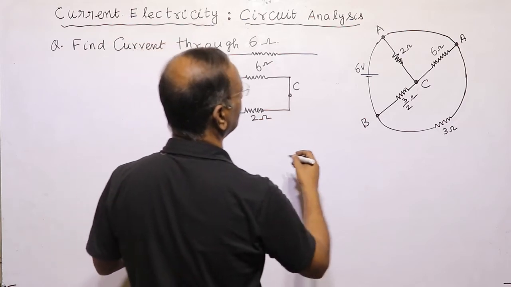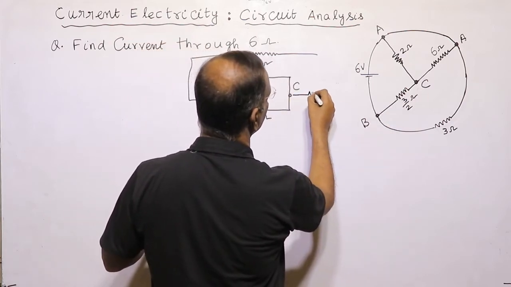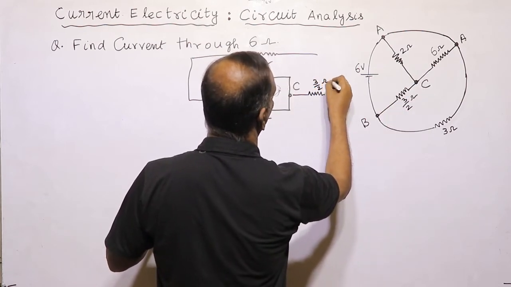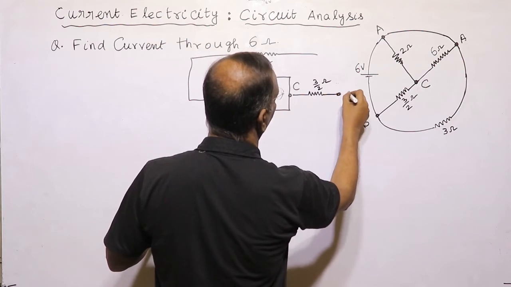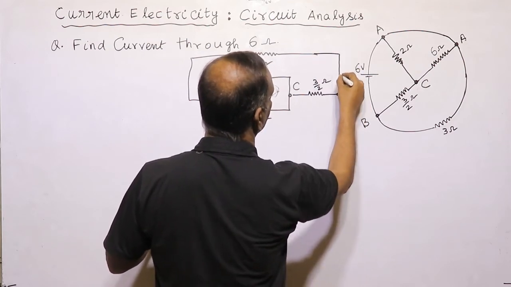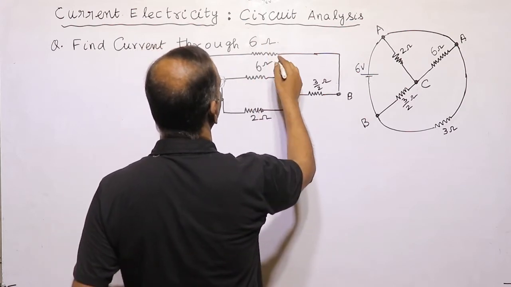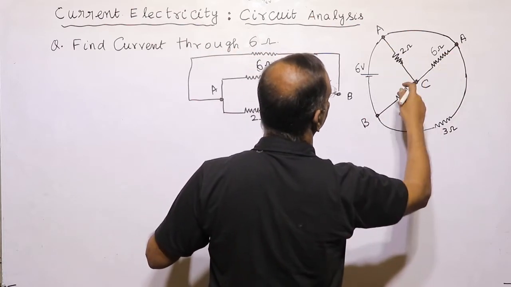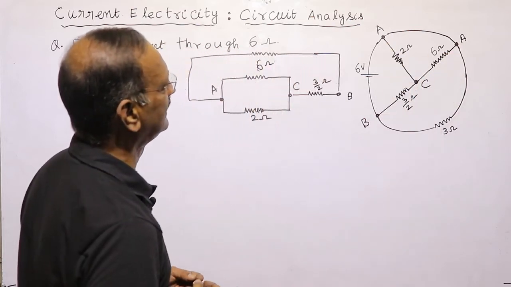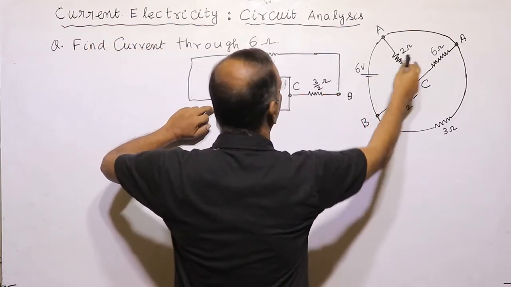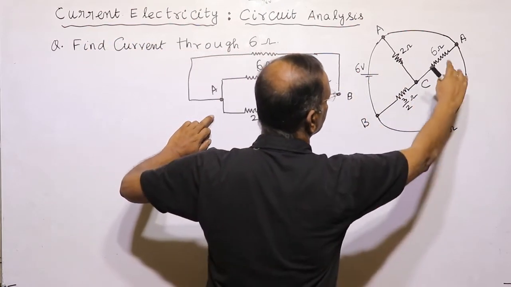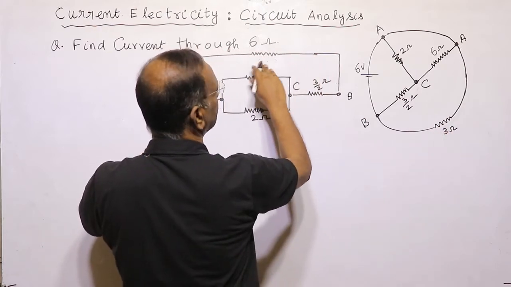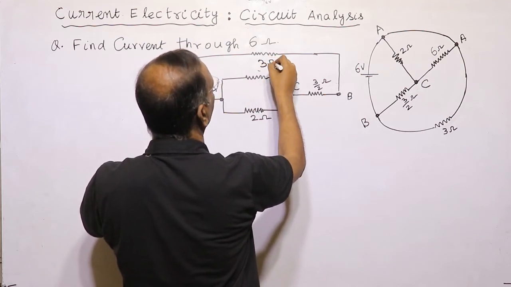Now between C and B, there is one more resistance, that is 3/2 ohm. Between A and C 2 ohm, A and C 6 ohm, and A and B there is 3 ohm resistance.